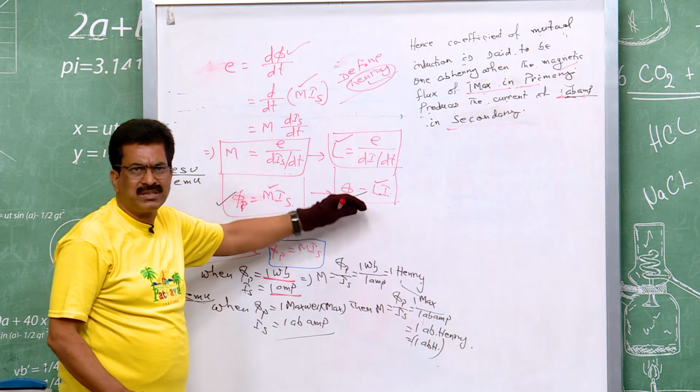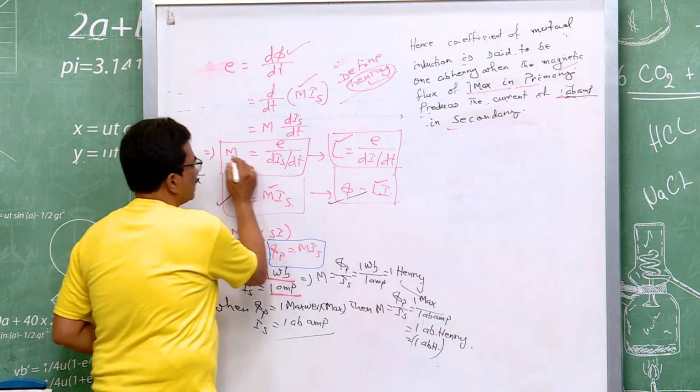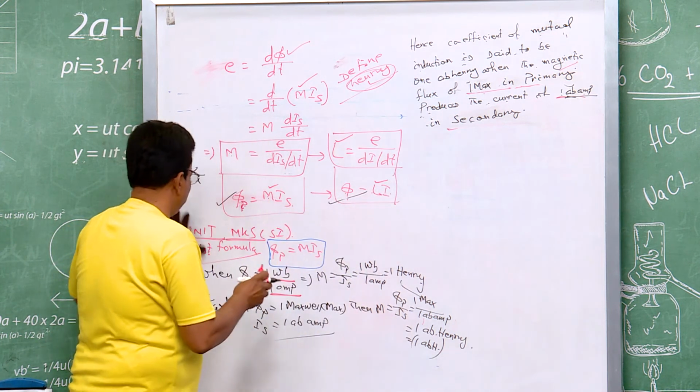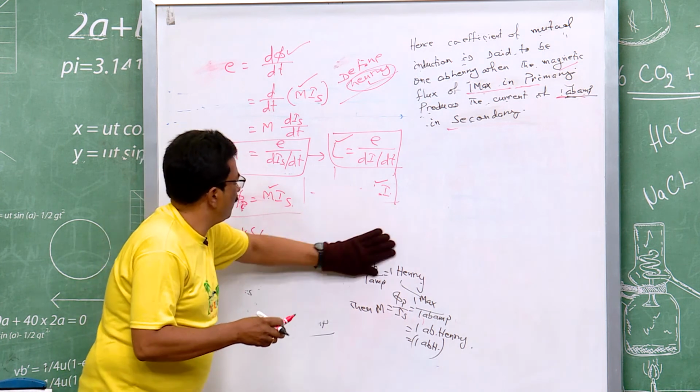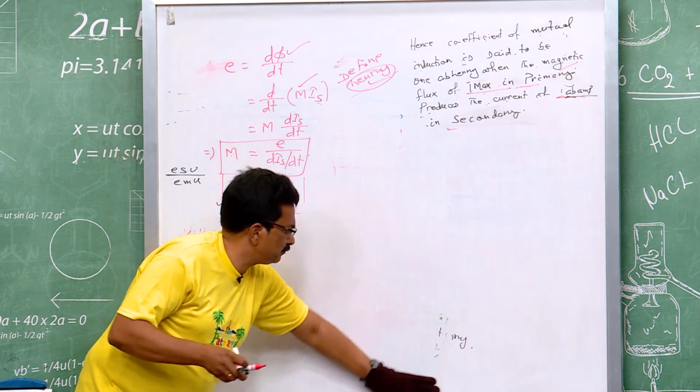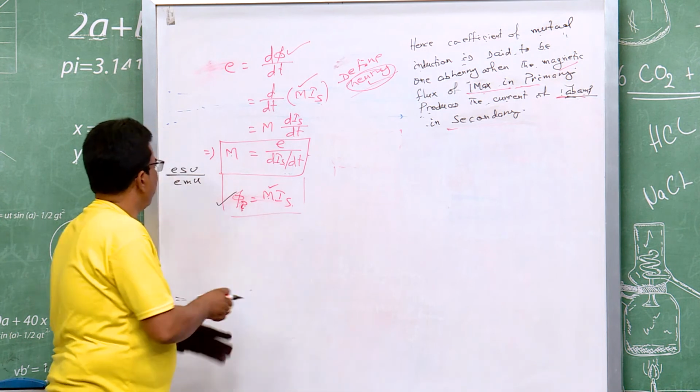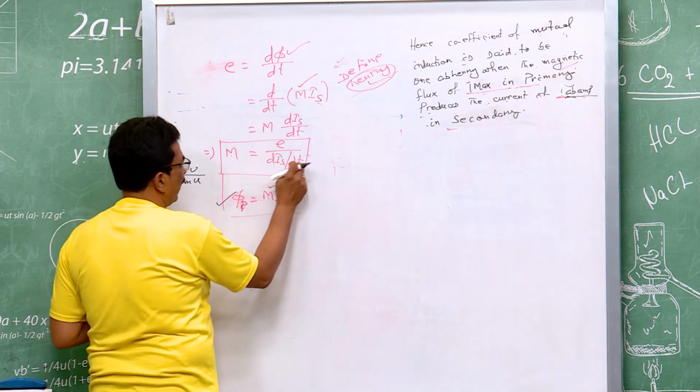If we go for the second definition, M is equal to E by dI by dt.